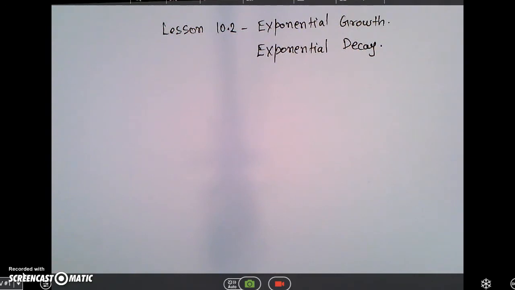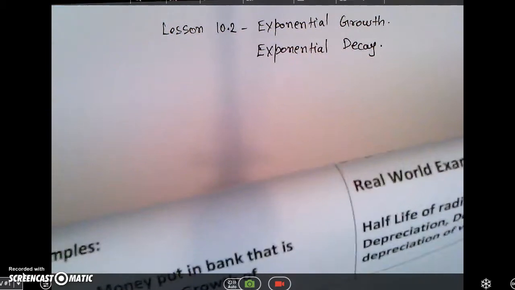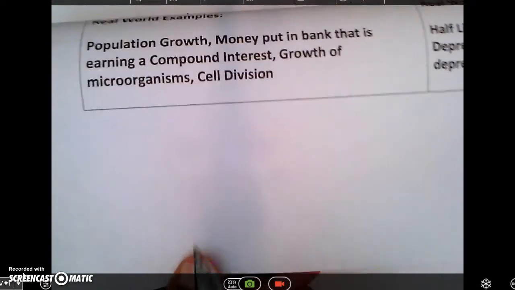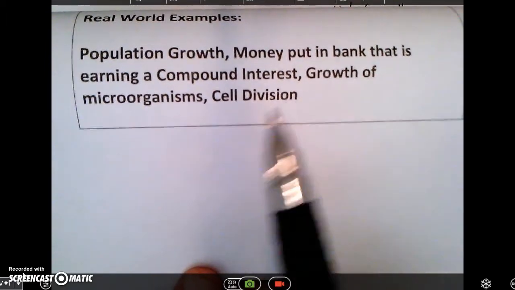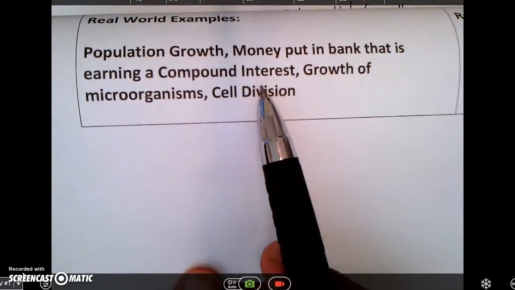All right. So in the introductory lesson, we saw the animal cell division, right? That is an example of an exponential growth function. There are other examples like that. I could call the money that I put in a bank that is gaining compound interest every year or every month or every quarter, whatever it is that I'm talking about.